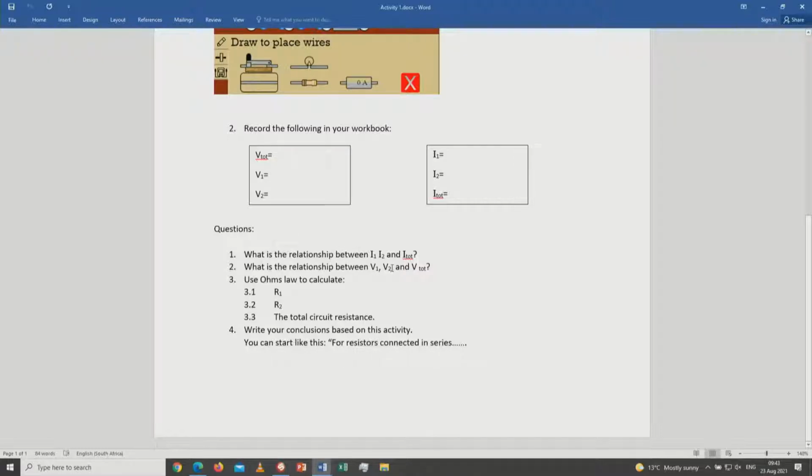So we are going to build this circuit, and because I assume that learners are also watching this, I expect them to do those recordings, and then we can come up with conclusions based on what we have on that particular activity.